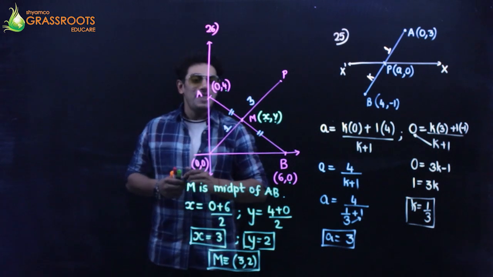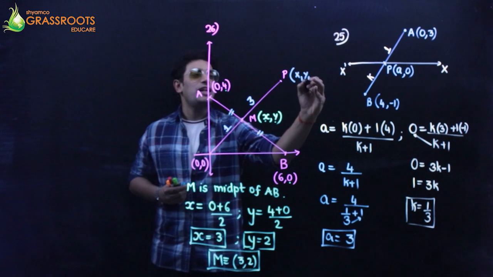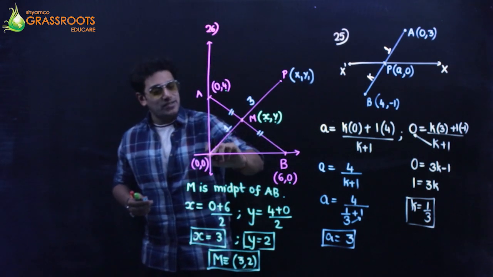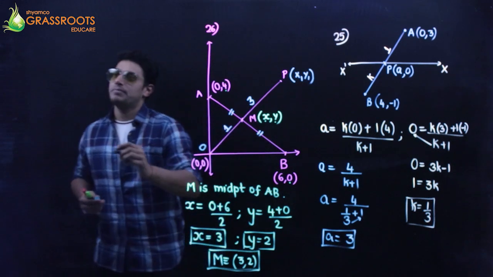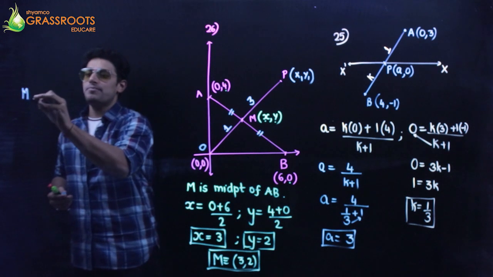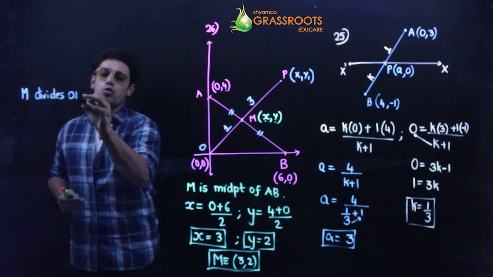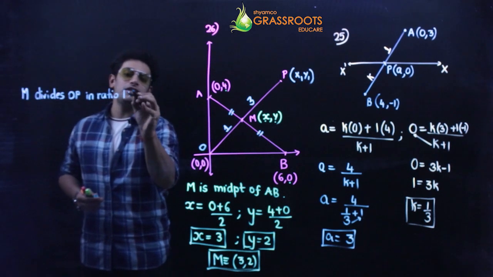Perfect. Now, once you get M, let me call P as x1, y1 as my coordinates. Can I say M divides OP in the ratio 1:3? So students, M divides line segment OP in the ratio 1:3.